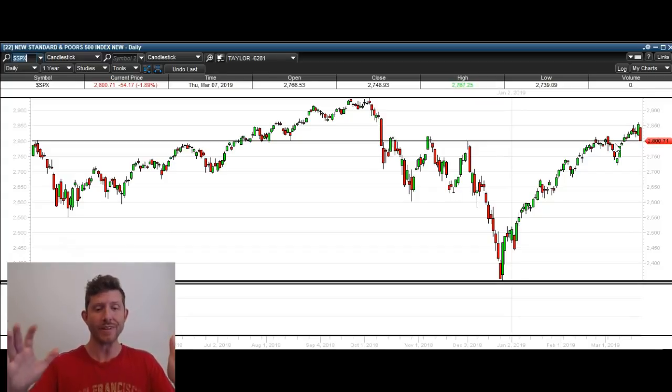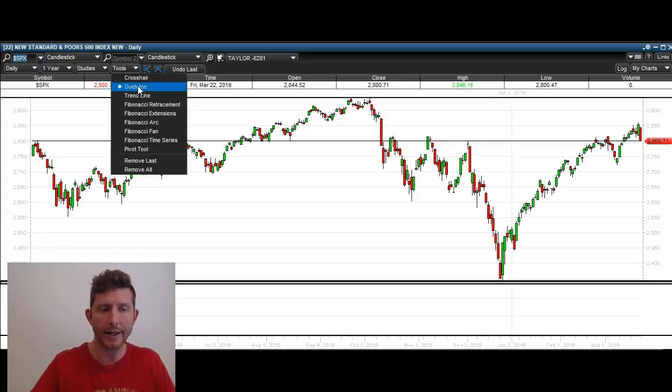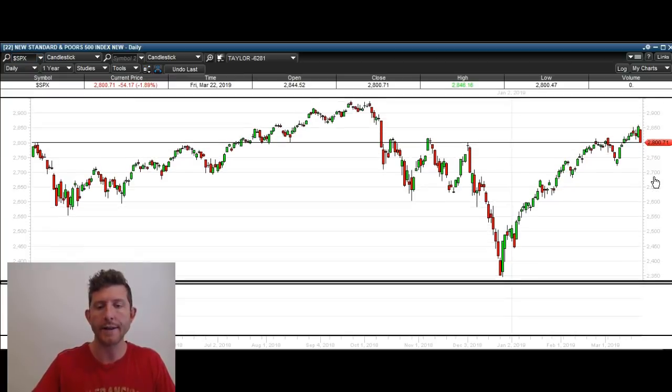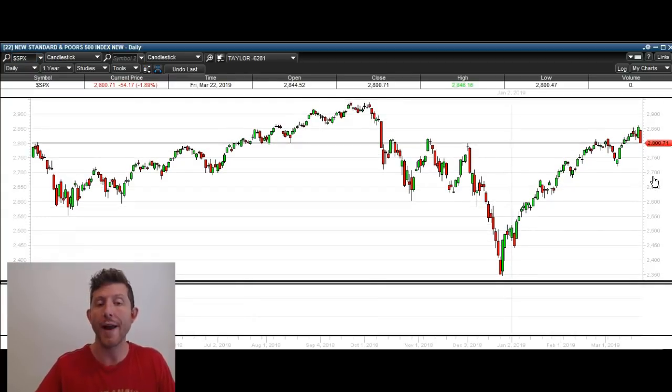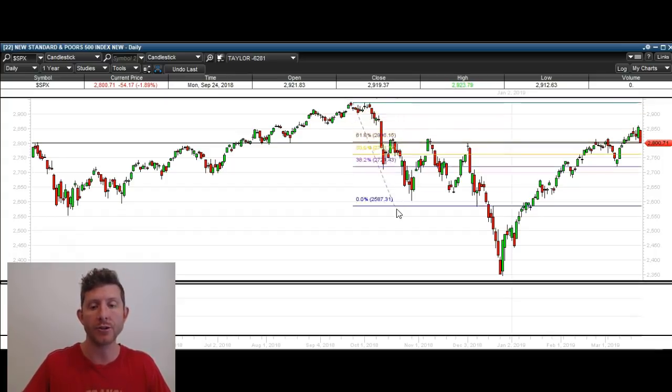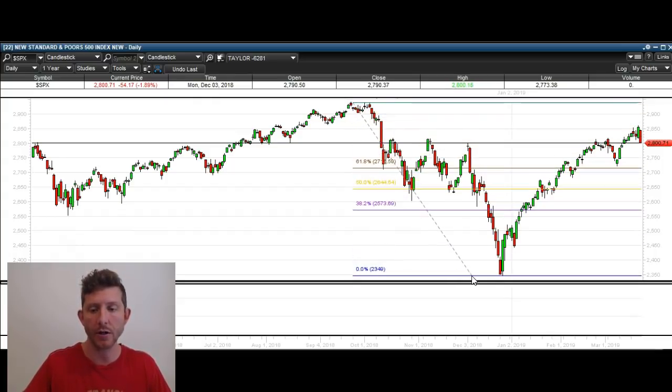The other thing I want to mention is that typically if a stock or market is going to continue with its trend, it stops and reverses either at or before the 61.8 Fibonacci retracement level. You can see here we have this Fibonacci retracement level.